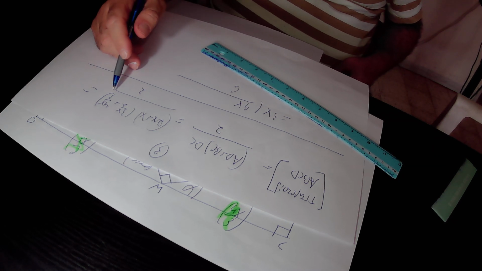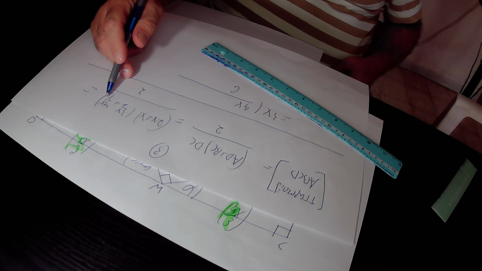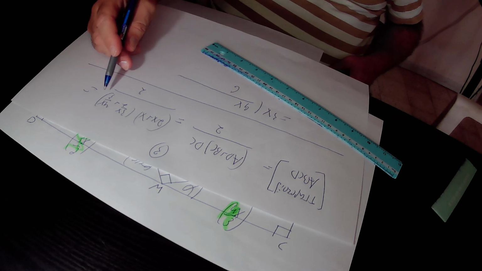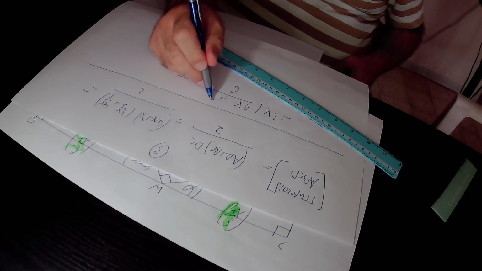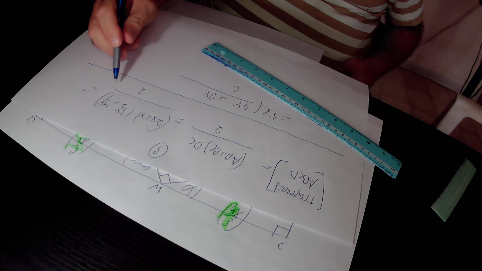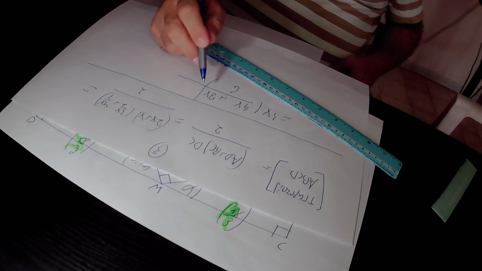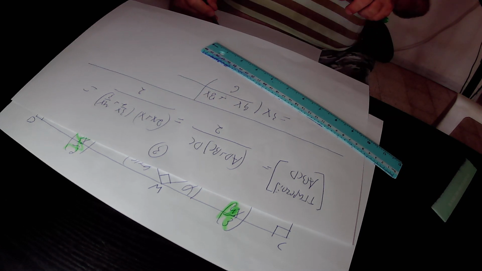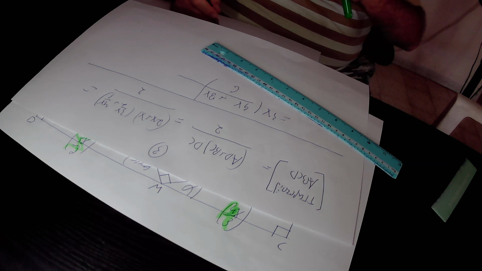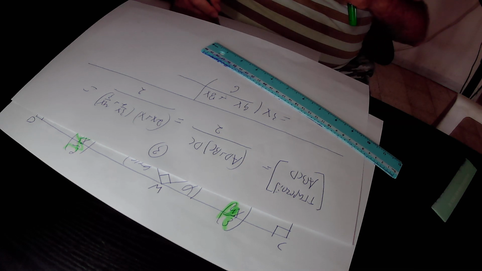Likewise, we multiply both the numerator and the denominator of the other expression by 2. 4x times 2 is 8x, so it is plus 8x. And the denominator will be 3 times 2, that is 6. So in total, the area of trapezoid ABCD equals 3x times 9x plus 8x over 6.